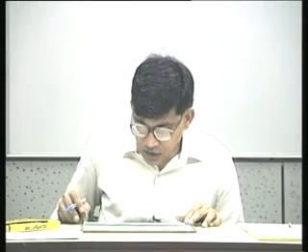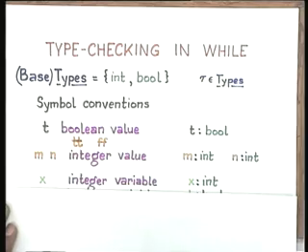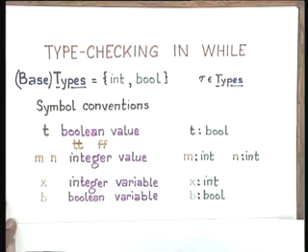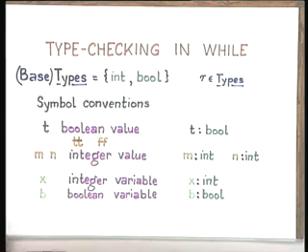And of course, we will have things like integer variables, maybe we will also have Boolean variables, whatever. For the moment we'll just assume that there is some way of determining types for the most basic constructs in the language.